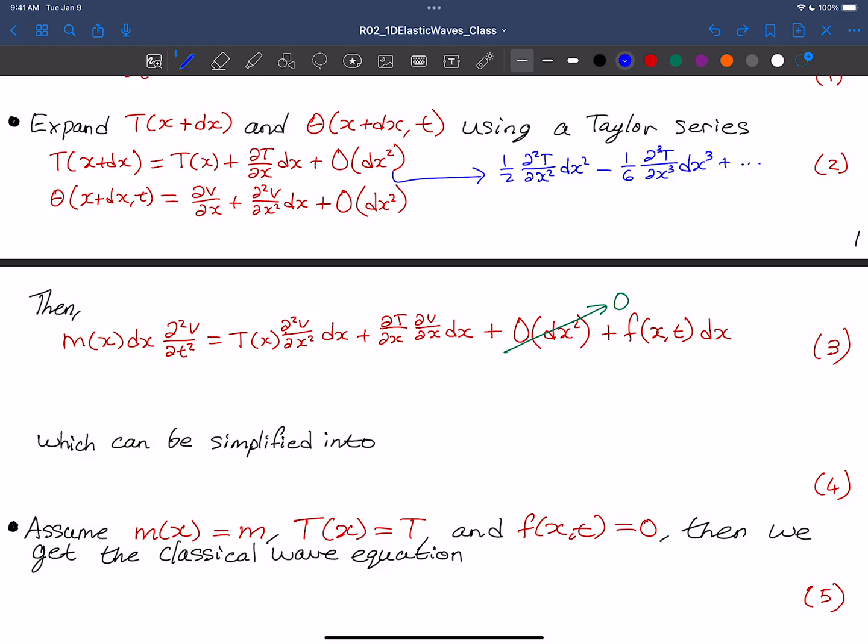In fact, for mini homework, we'll say like 5 points. Is this equation nonlinear or linear?